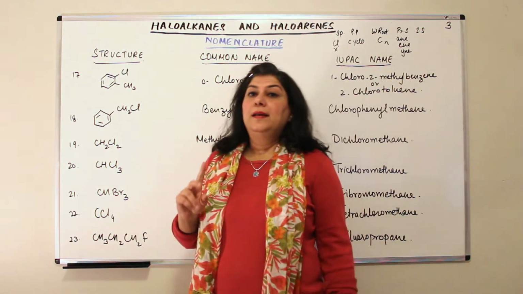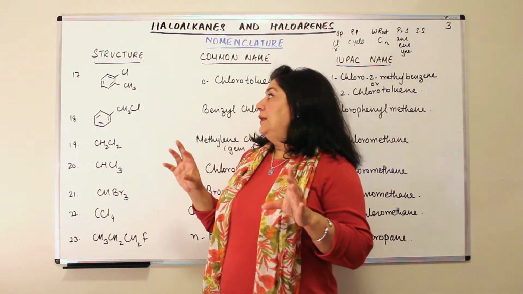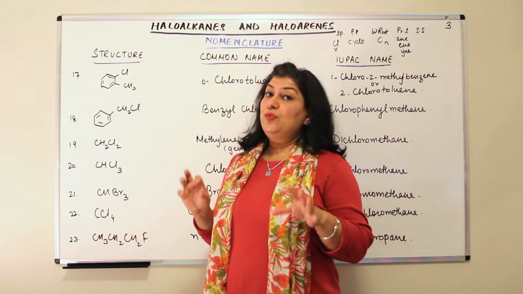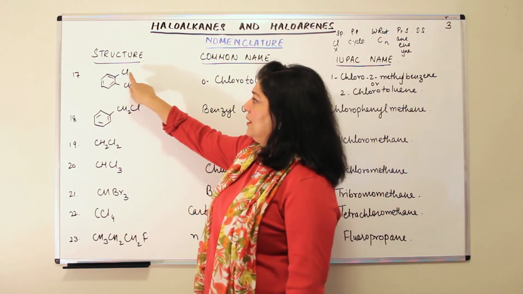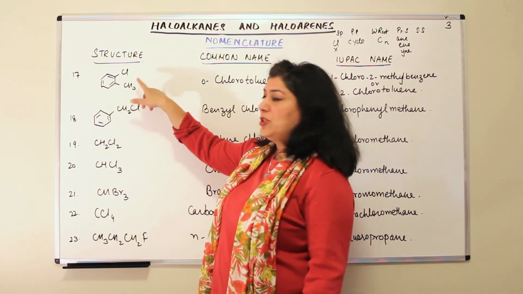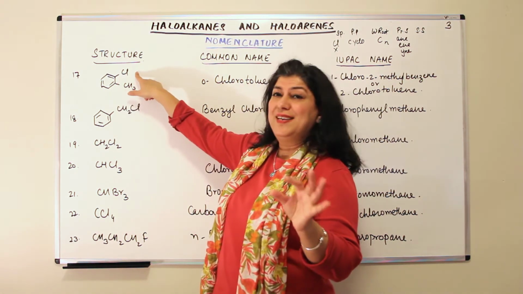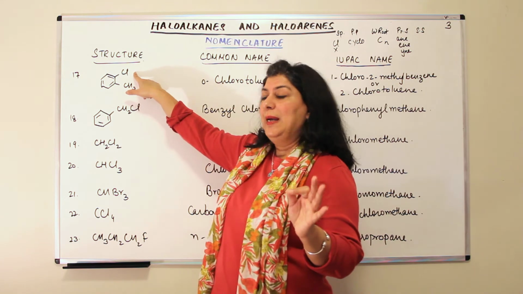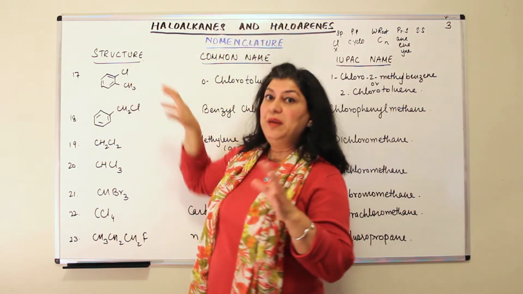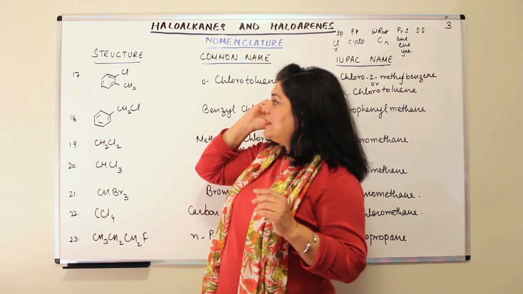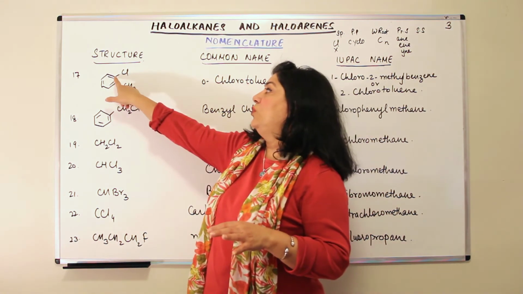Now when you do not want to use the term toluene, then you would go by the normal IUPAC rules and you would take this as benzene. Chlorine is a substituent and methyl group is also a substituent, but chlorine is more like a functional group and methyl group is not as strong. Therefore, we give chlorine more importance, and the locant would go to chlorine.